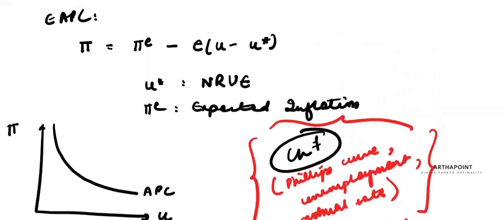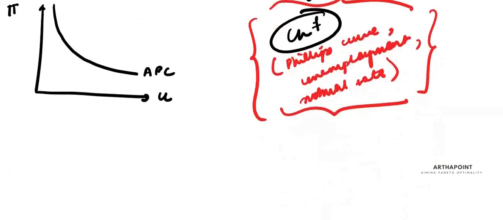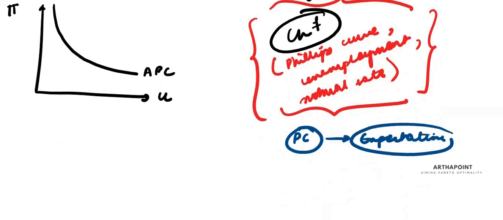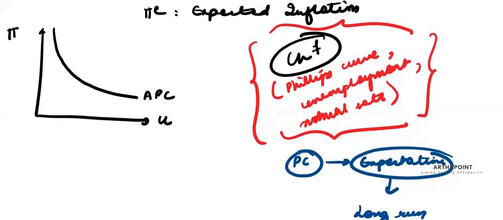If you remember, we started with the basic Phillips curve. Then we talked about what happens when you introduce expectations into the model, a Phillips curve with expectations, and a long run Phillips curve. This is my short run Phillips curve with expectations, and it shifts to the right whenever your expectations increase.